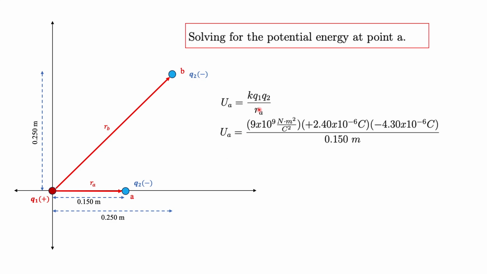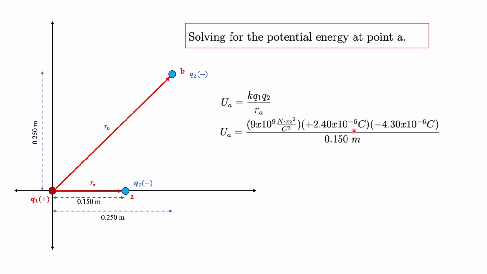It is very clear in the problem that your R sub A is just 0.150 meters, so you just have to substitute the values. Another thing you should note: there is no absolute value on Q1 and Q2, unlike your electric force. That means your UA or UB could take a positive or a negative value depending on the sign of the charges. As you can see here, I meticulously wrote the corresponding sign of each charge.